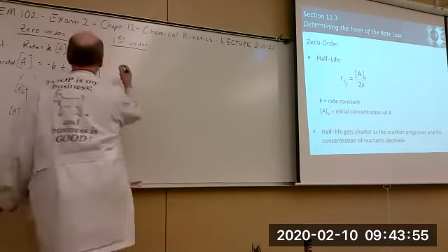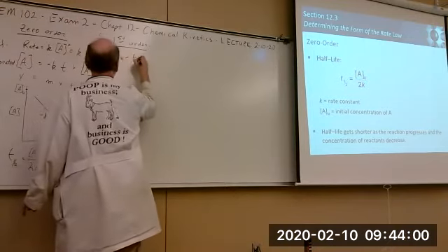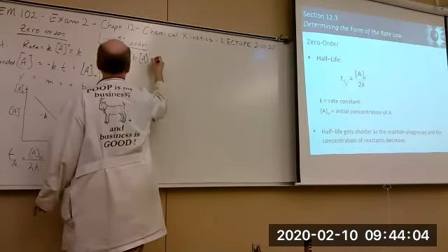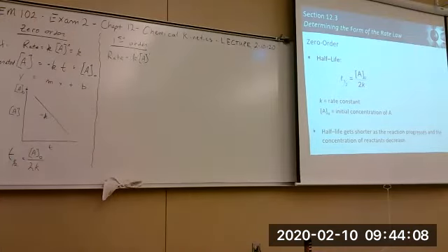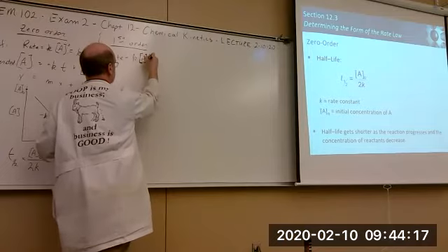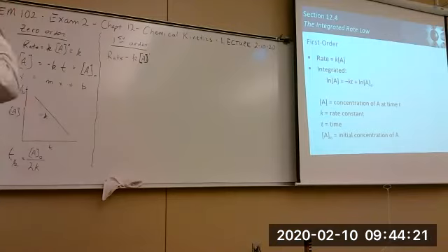So the next one, the rate is equal to K times A to the first order. Right? You can't reduce that one any further. So this one does depend on the concentration of A, whereas zero order does not depend on it. Okay?